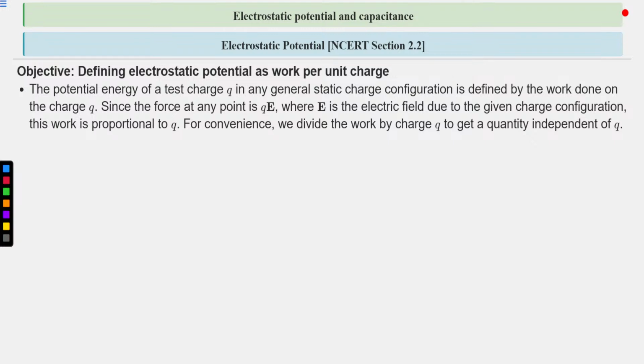Now, the potential energy of a test charge Q in any general static charge configuration is defined as the work done on the charge Q. Work done on the charge Q is stored in the form of potential energy, which we all know.